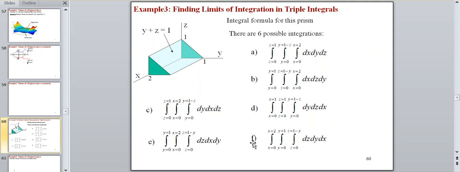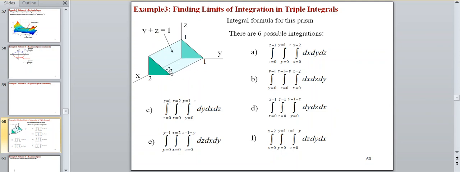Look at this case, dz dy dx, first with respect to z. First with respect to z means we are viewing z as a function of x and y. Look here, y plus z equals 1, so z equals 1 minus y. This is the upper surface and this is the lower surface for z.